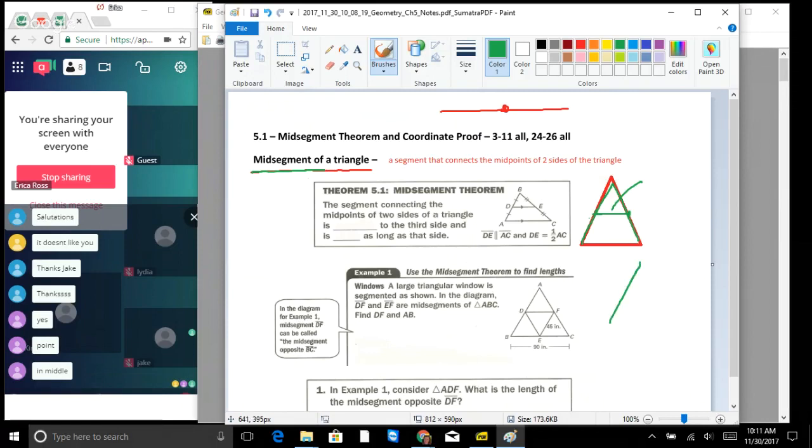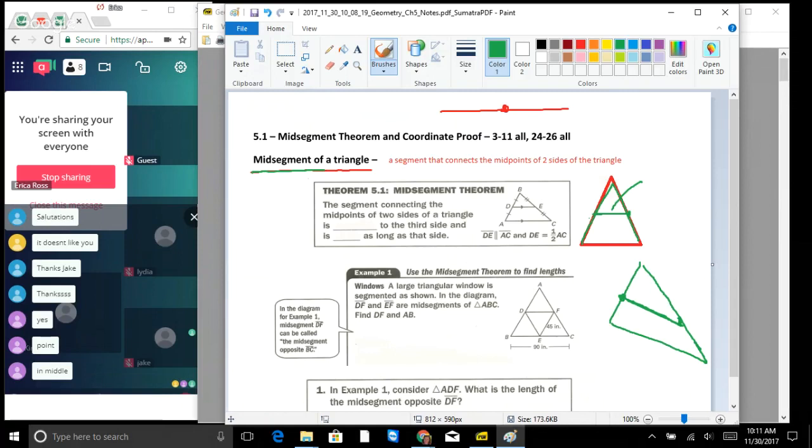Let's draw a little bit more complex triangle, so it doesn't have to be a perfect isosceles triangle. The middle of this leg is here. The middle of this leg is right here. So the mid-segment of this triangle will be right here. And it doesn't always have to be vertical.